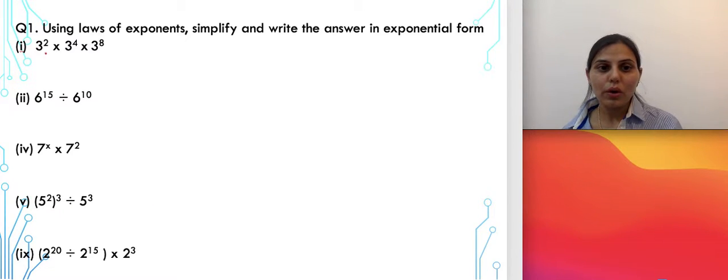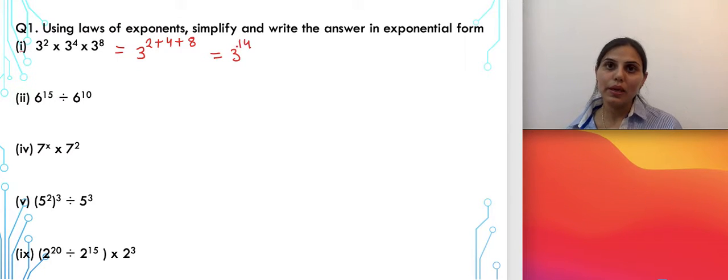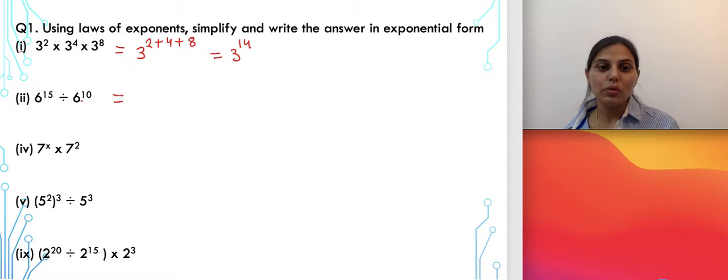Now the first law applies for multiplication when the base of all of them is same. So as you can see, the base is 3 in all the cases, and since multiplication sign is there, we need to add all the powers: 2 plus 4 plus 8. So this can simply be written as 3 raised to power 14, and we leave the answer in exponential form. Similarly, moving on to the next one, here also the bases are same but the sign between them is division.